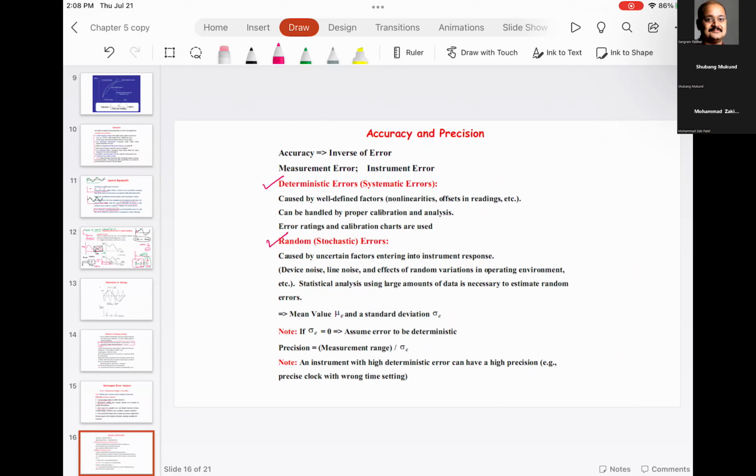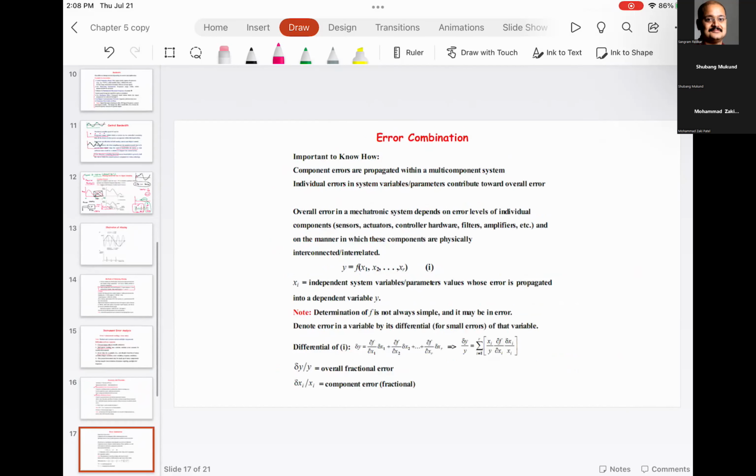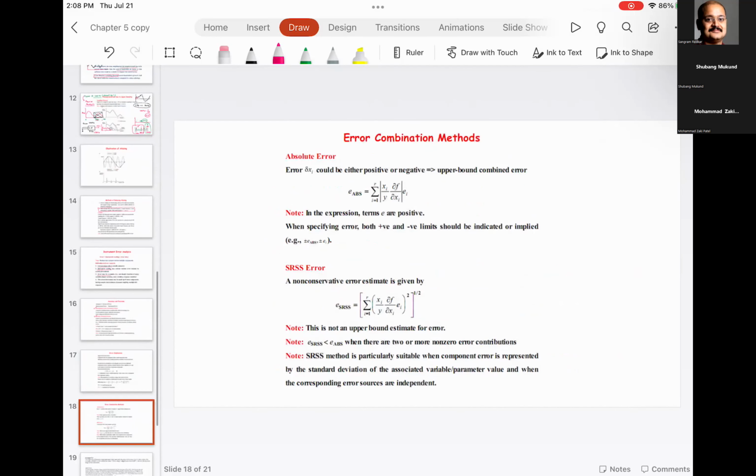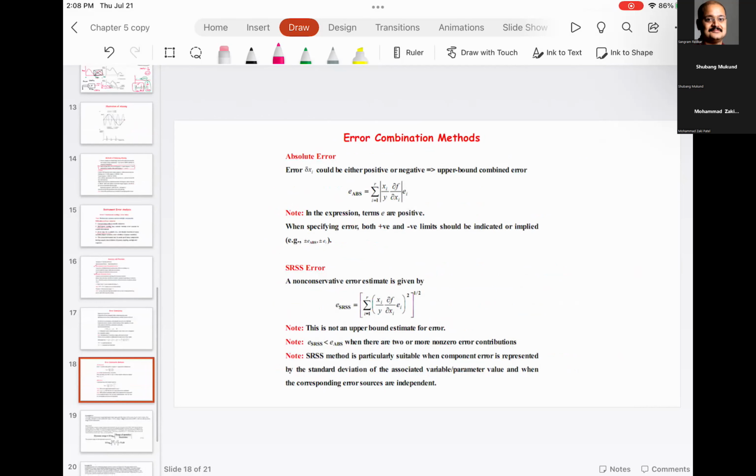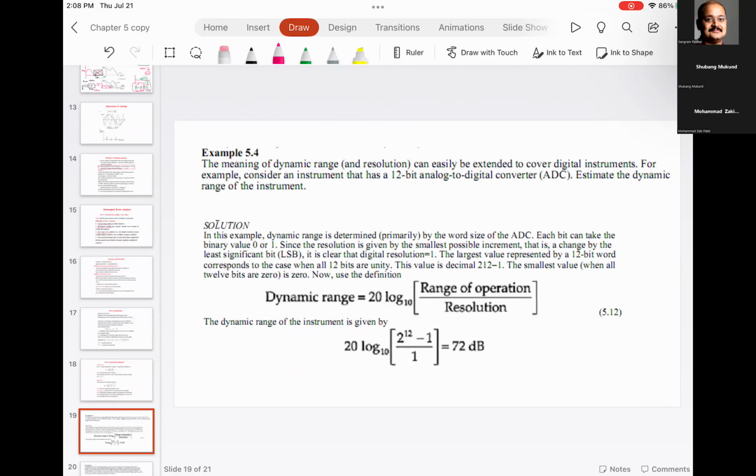There are random errors, which are basically stochastic or vary. We can combine errors multiple ways. We can just add them, but that's not the most right way to do it. Or you can do the sum of squares, square root, or you can do absolute. There are different techniques with which the errors can be combined.